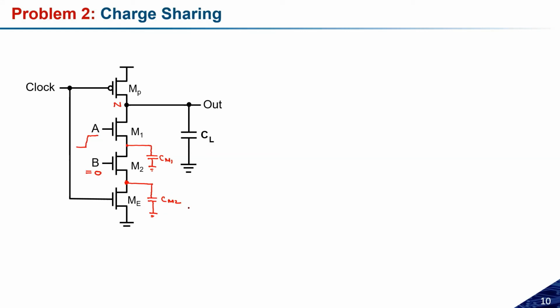Here we will be having some capacitor, CM2 at this node. There will be some capacitor CM1, because there is always an internal capacitor at each node in between two transistors.